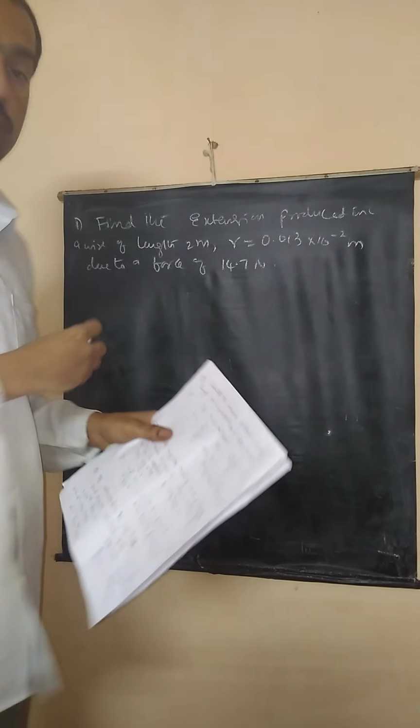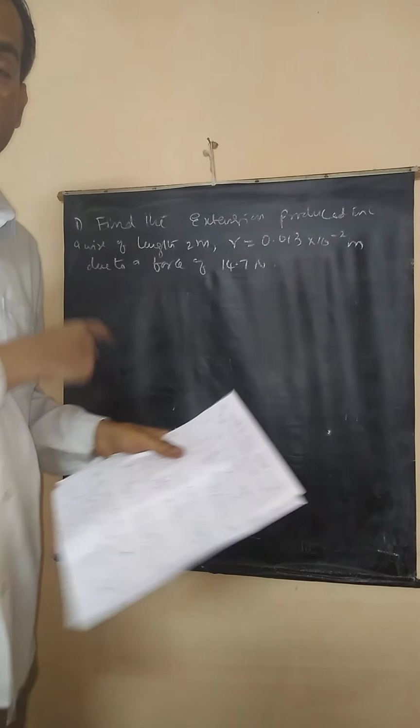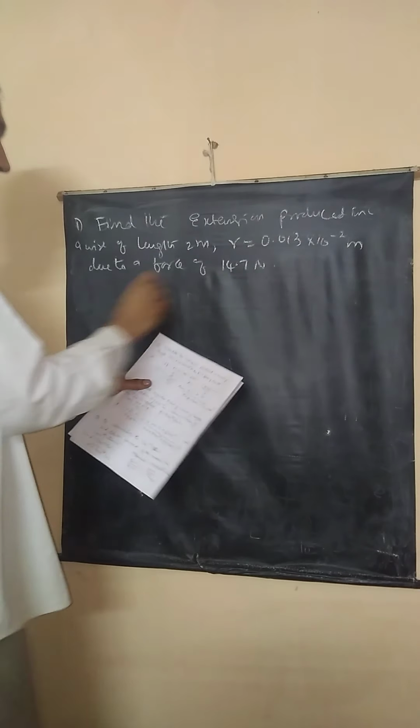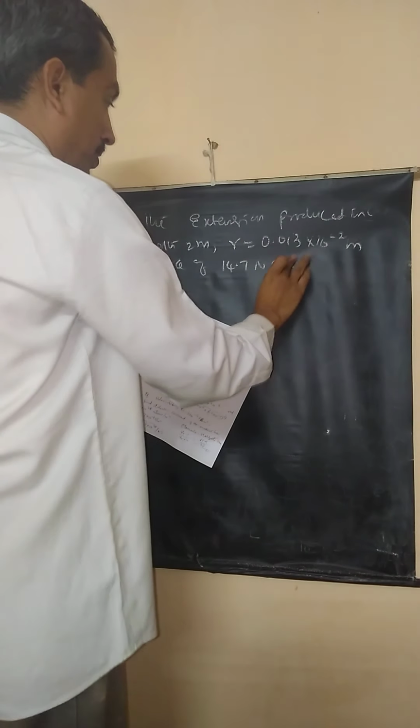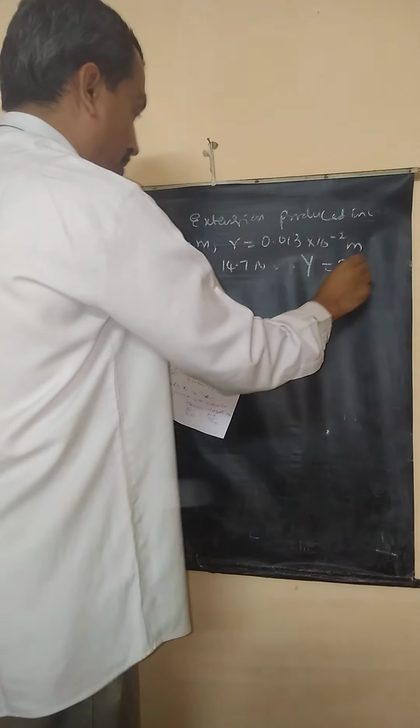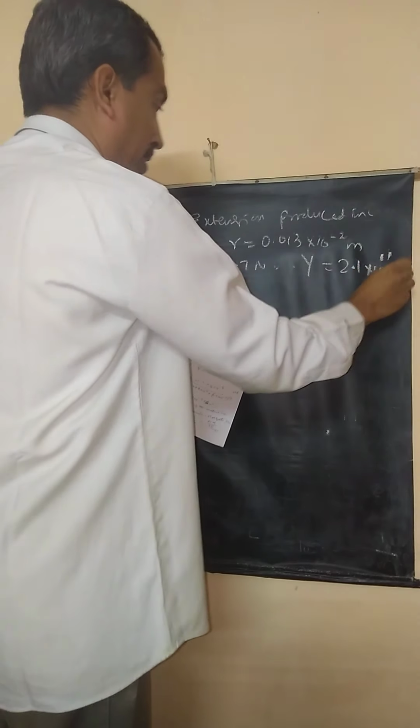Find the extension produced. This is related to Young's modulus, change in length. Therefore, given Y is equal to 2.1 into 10 power 11 Newton per meter square.